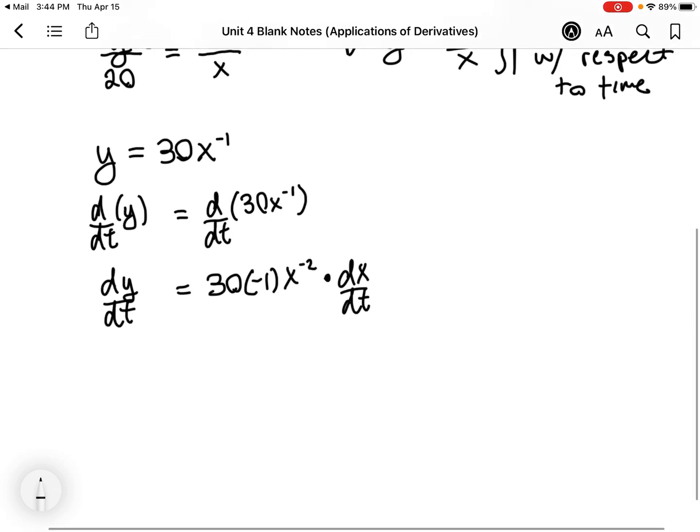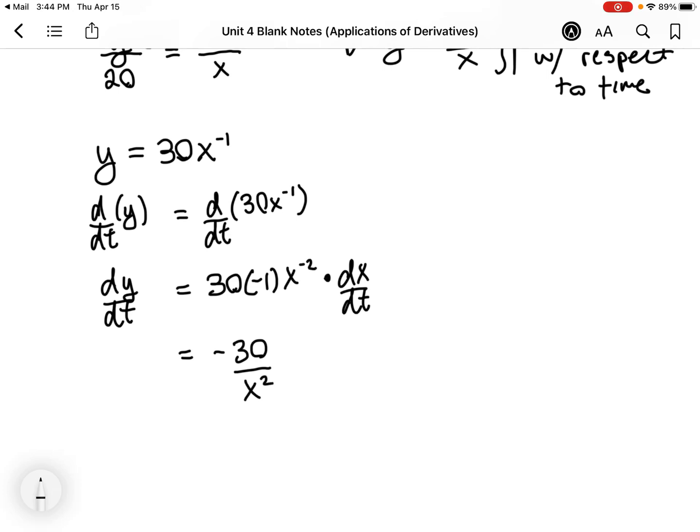Okay, and if I simplify that a little bit on the right, that gives me negative 30 over x squared times dx by dt. Okay, and I know what x is, and I know what dx by dt is, so I can now figure out what dy by dt is.